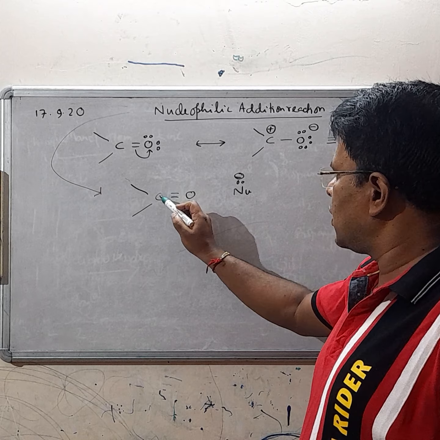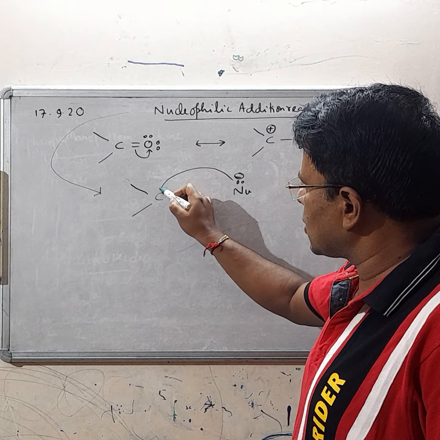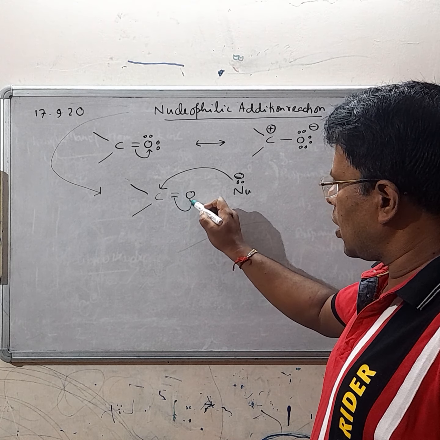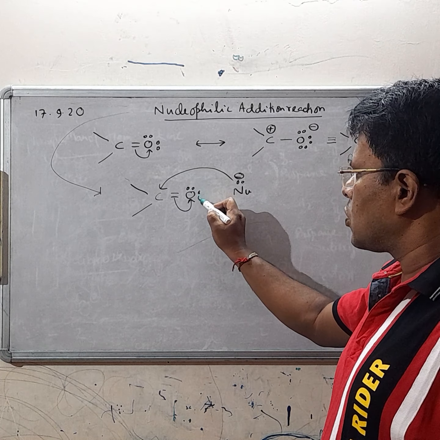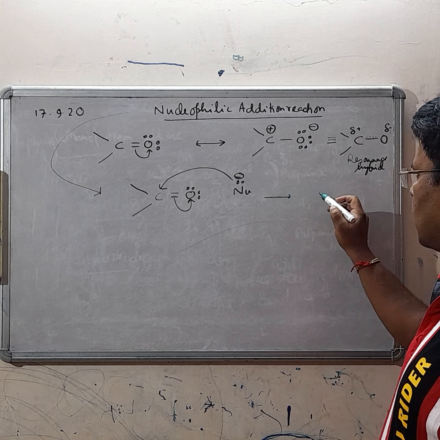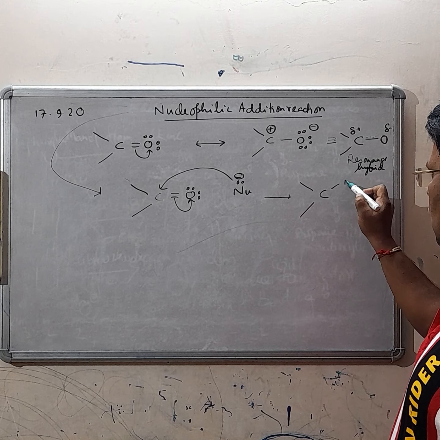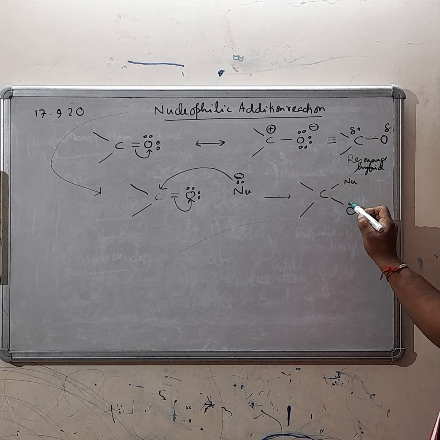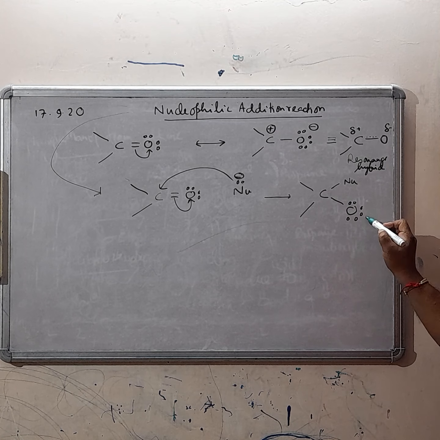So it comes and attacks at this carbon, and due to that the pi bond will break and go over to the oxygen. This is the first step, and due to that this oxygen will become minus.